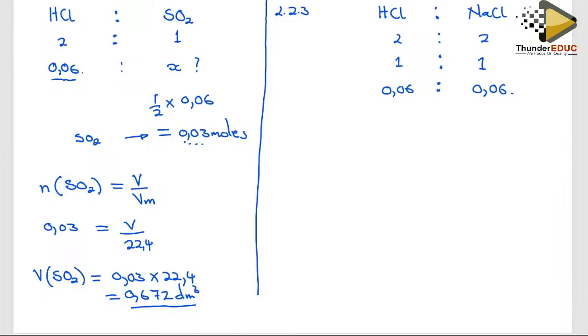Therefore, according to this formula, concentration of NaCl is equivalent to the number of moles all over the volume, right? So now we do not have the concentration. Therefore, C is equivalent to the number of moles, which is given as 0.06, all over the volume, right?